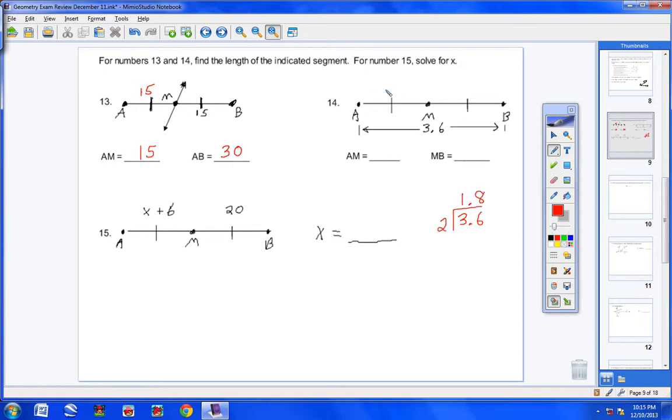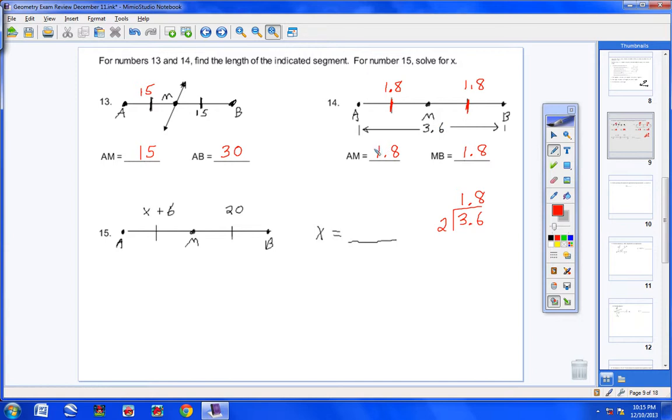So AM has to be 1.8. MB has to be 1.8. We know they have to be the same because there's a slash here and a slash here. And so AM is 1.8. MB is 1.8. And by the way, if you add those together, you should get 3.6, and you do.